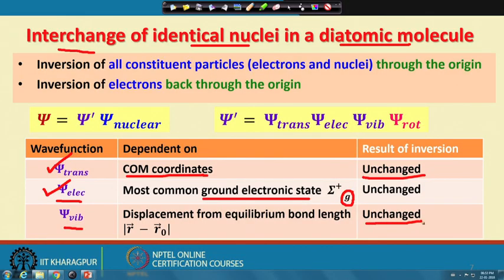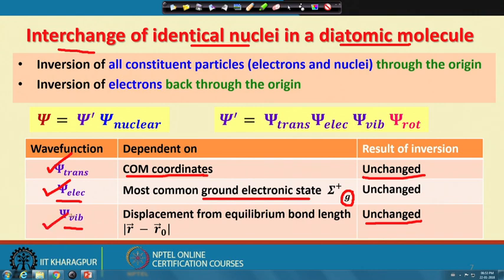Once again, these displacements within the molecule will remain unchanged when I interchange the two nuclei. As a result, all the three wave functions that are shown here, psi trans, psi electronic and psi vibration, will remain unchanged, and these are symmetric with respect to interchange of identical nuclei in the diatomic molecule.